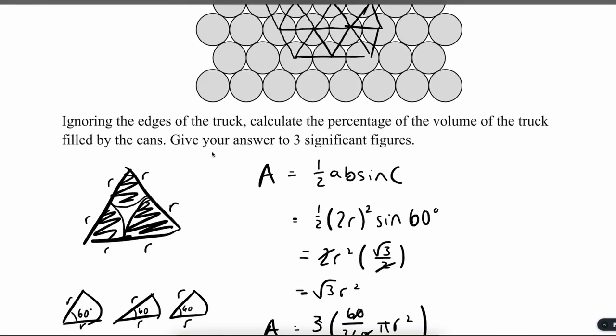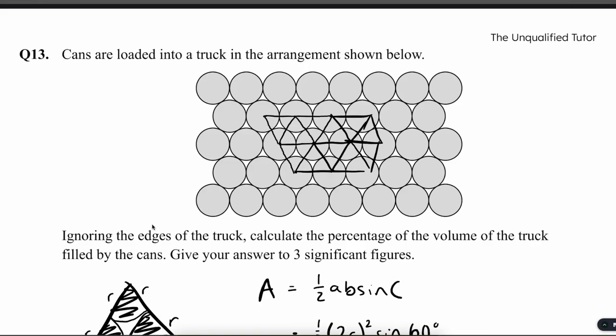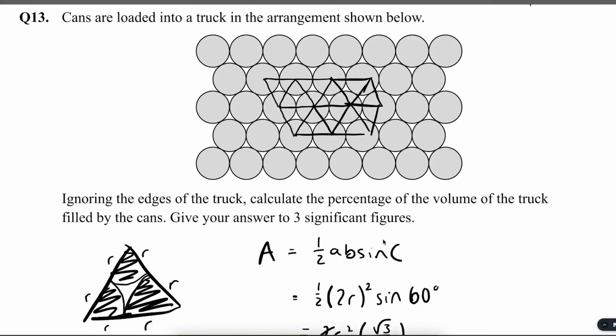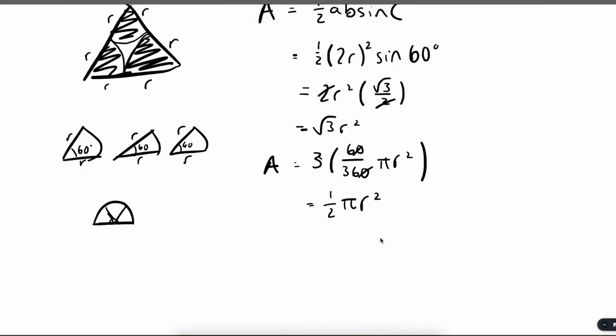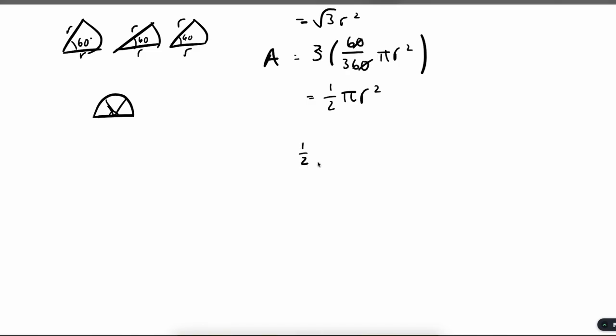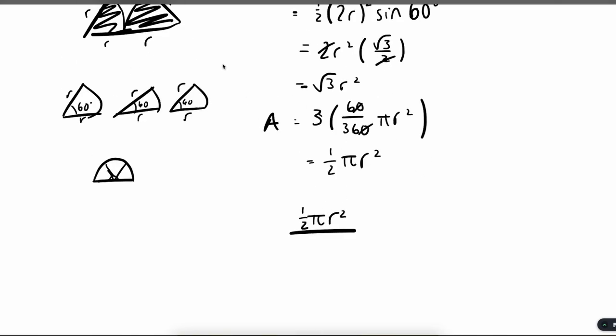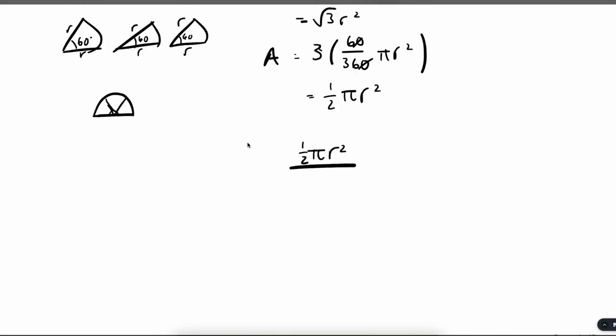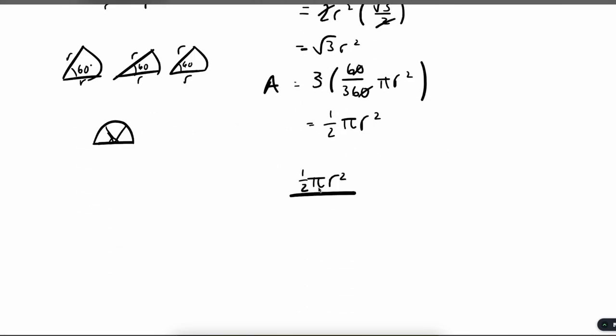So all we need to do is work out the percentage of the volume of the truck filled by the cans. So that's going to be half pi r squared, which is the volume filled by these circles here, divided by root 3 r squared.